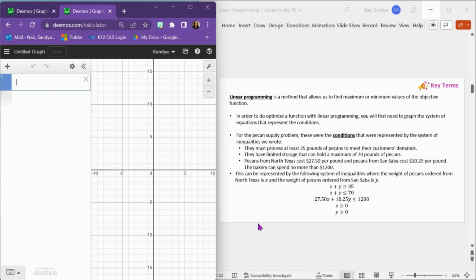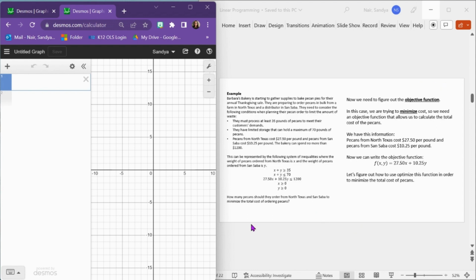When we were working on that pecan supply problem, they gave us a bunch of conditions, right? They said they have to process at least 35 pounds, and they have limited storage that can hold a maximum of 70 pounds. They also had a limit on how much money they can spend, no more than $1,200. All of these conditions are what we outlined in the system of inequalities.